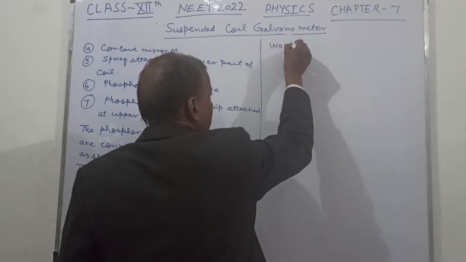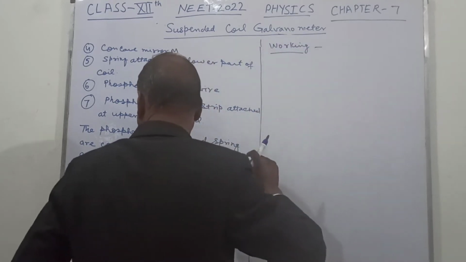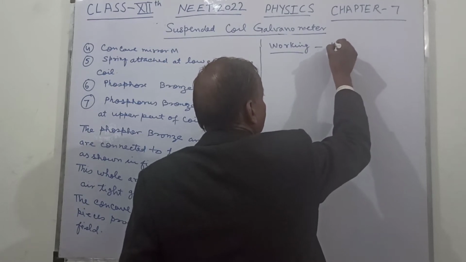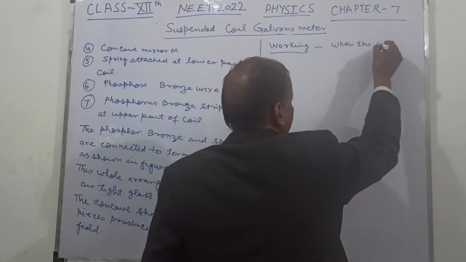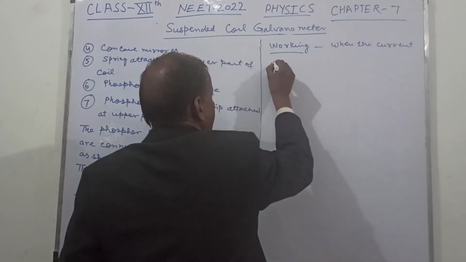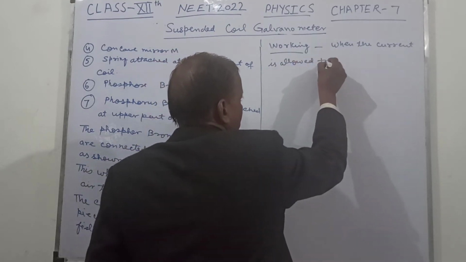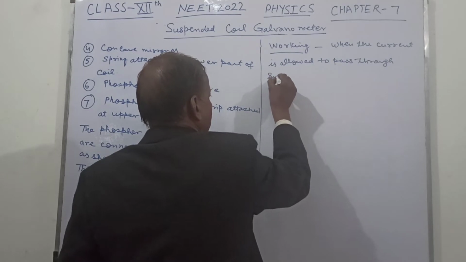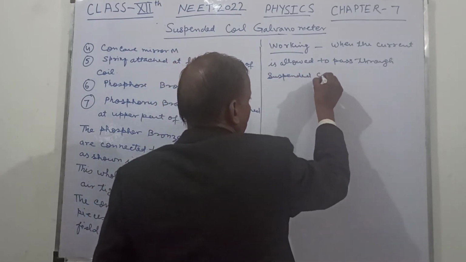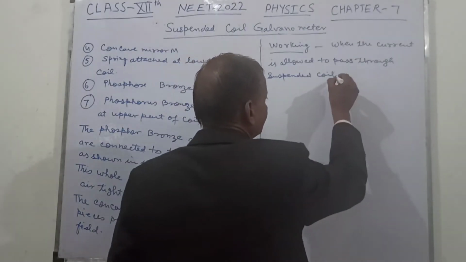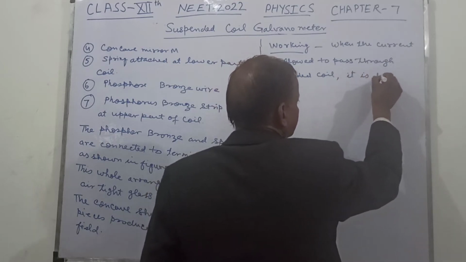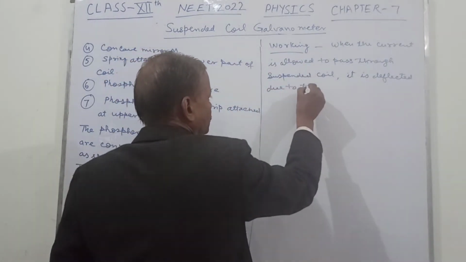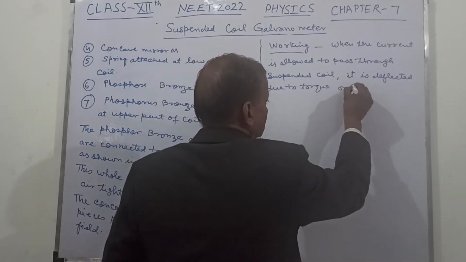Working. When the current is allowed to pass through the suspended coil, it is deflected due to torque on it.